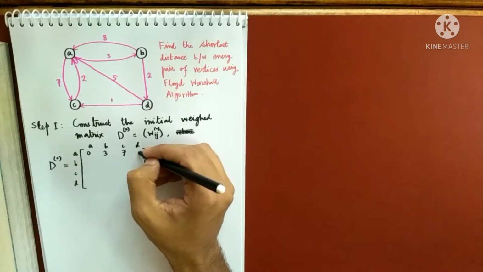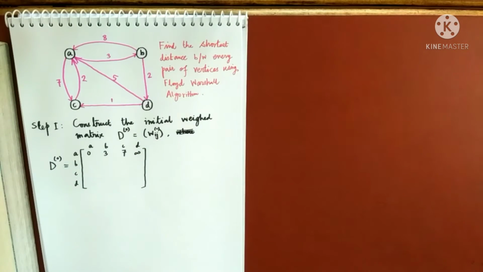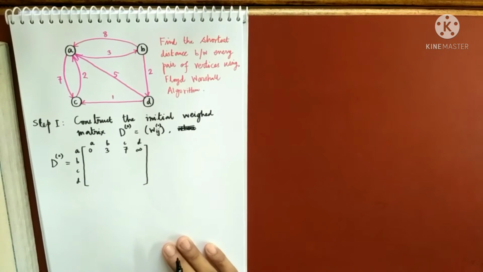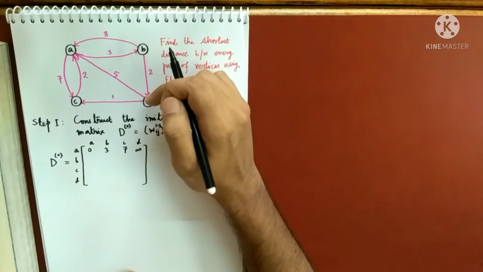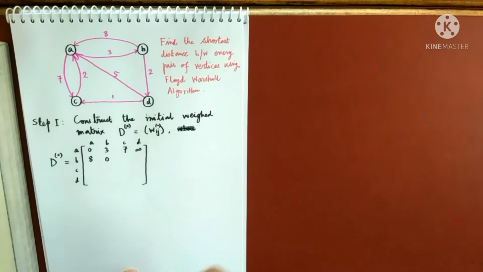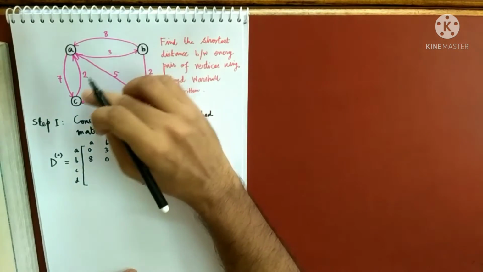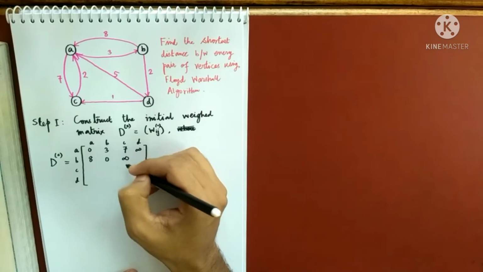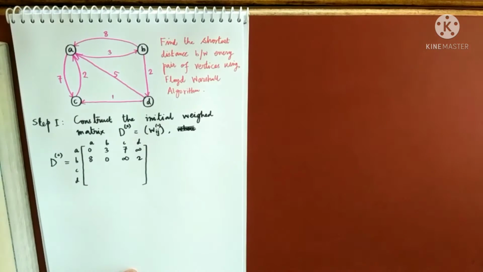So I'll put here infinity. Right? So next B. So B to A, I can see a direct edge having a length 8. B to B is definitely going to be 0. B to C, I cannot see a direct edge from B to C, so infinity. And B to D I can see 2. No problem with that.